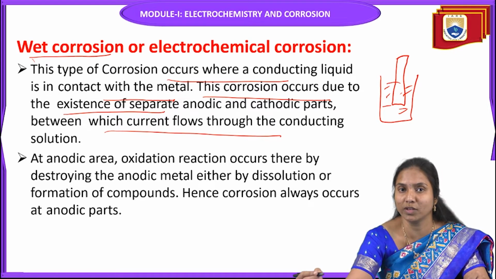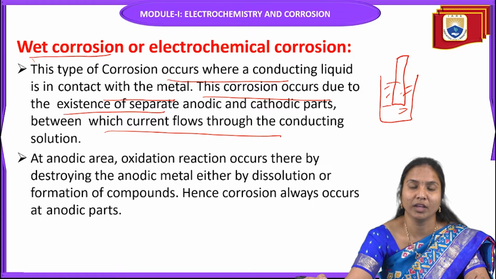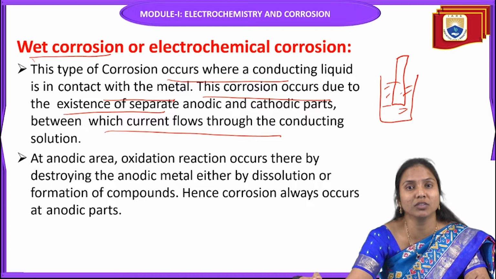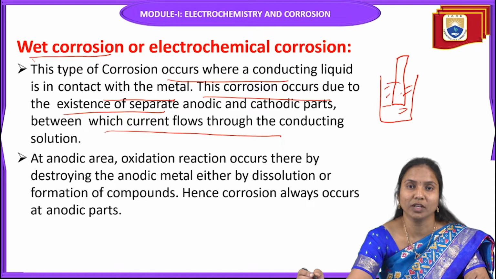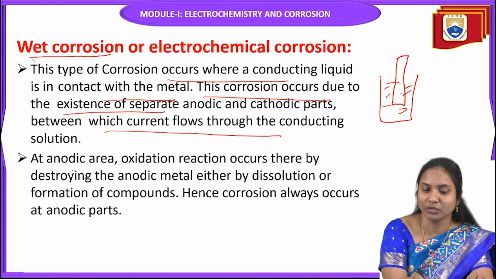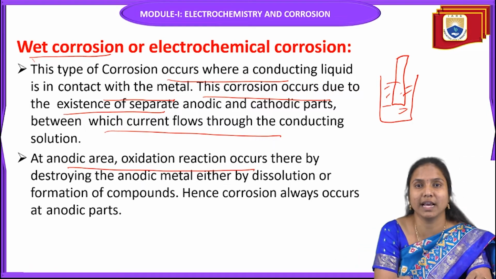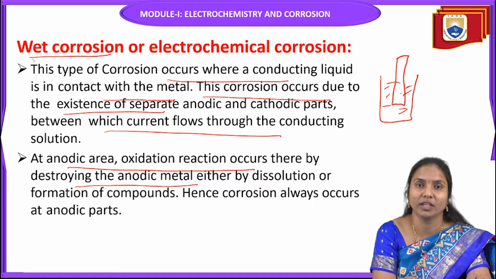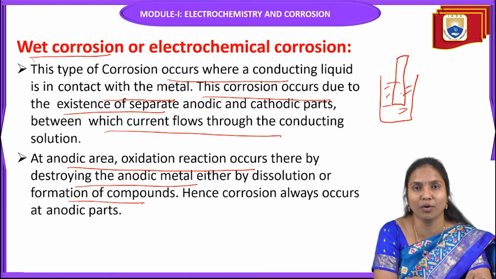Generally, corrosion is always concentrated at the anodic area. At the cathodic area, only reduction reactions take place, but they do not affect the cathode. At the anodic area, oxidation reactions occur, thereby destroying the anodic metal, either by dissolution or formation of compounds.